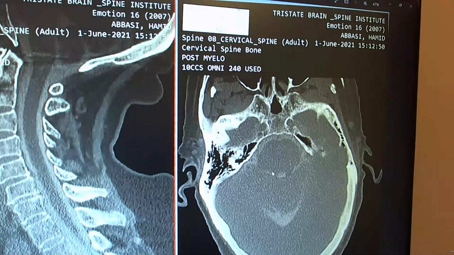But that's a good answer because eventually the contrast will get in the fourth ventricle. When we put the contrast in the intrathecal space, in the lumbar space, it goes all the way up and fills up all the space here, the basal cistern, here, here, and here. This is the fourth ventricle, by the way. But the basal cistern, and then it goes around the cerebellum.